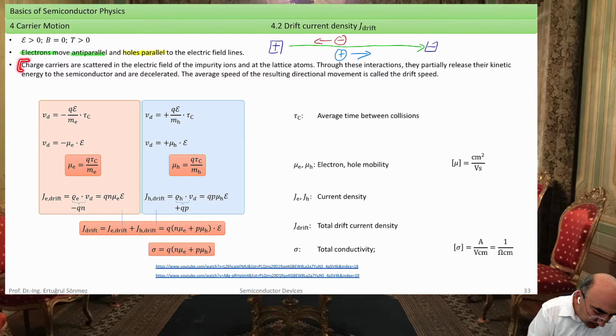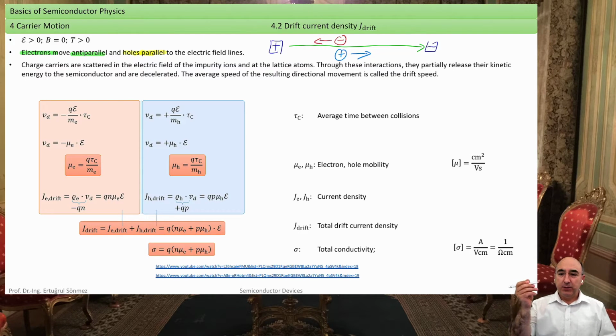So let's talk about this sentence, only this sentence. What does scattering mean? Scattering means you disturb the linear movement somehow. So I take now an electron and this is accelerating.